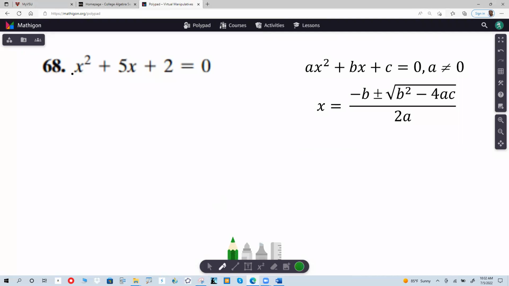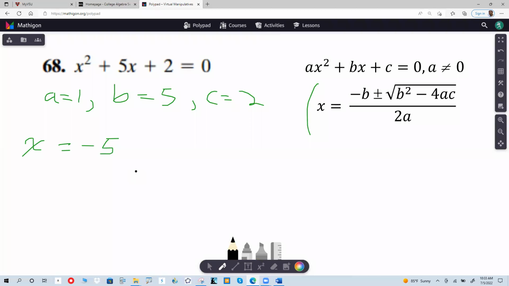So guys, a is the coefficient of x, which is 1. Don't say it's 0, it's 1. B is 5, and you have to pay attention to the sign, it's positive 5. And C is 2, the constant term. You have to write it, it's a good idea. Then this formula tells you x is equal to minus b.